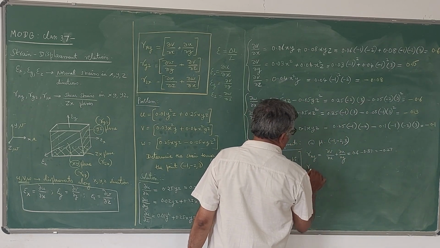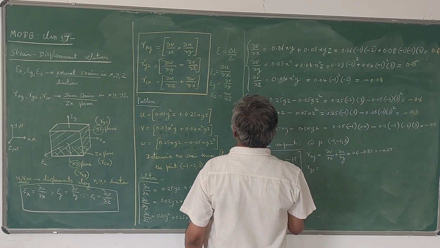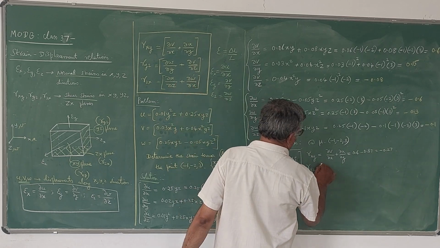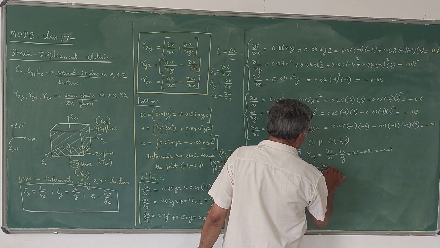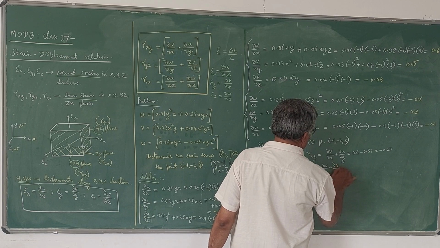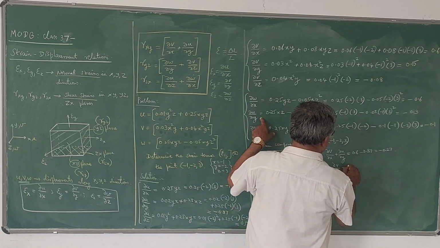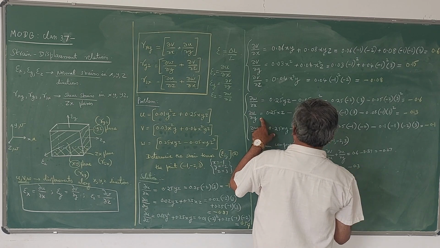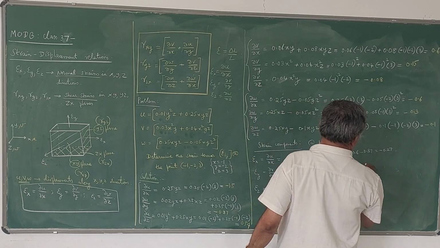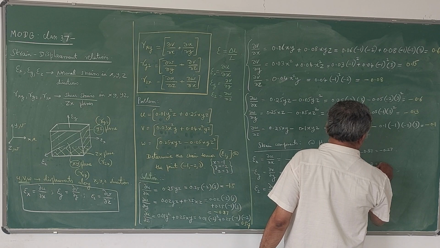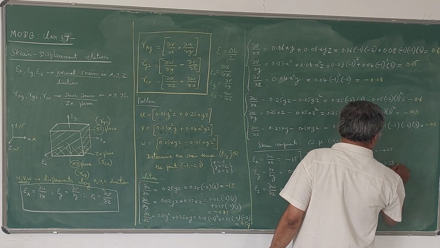Next, gamma yz. Gamma yz is dou w by dou y plus dou v by dou z. So dou w by dou y is minus 0.3, dou v by dou z is minus 0.08, which is minus 0.38.